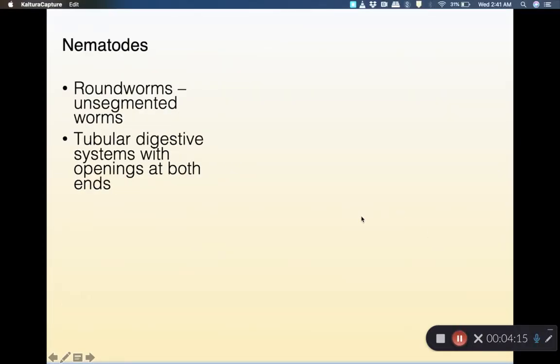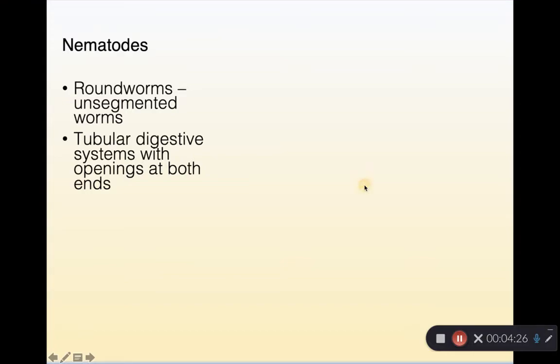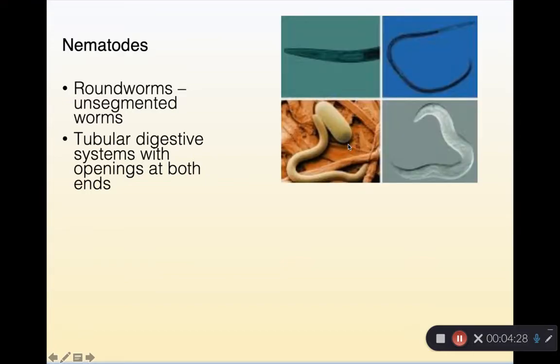Our next group that has those defined body cavities but doesn't have vertebra are nematodes. So nematodes are essentially worms, and these worms are unsegmented.